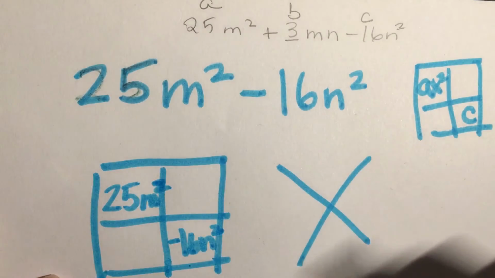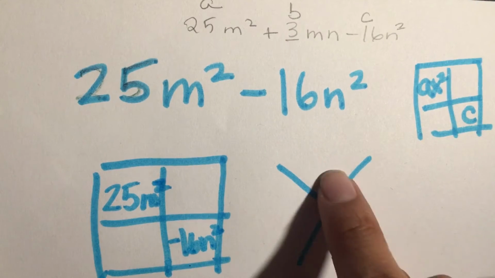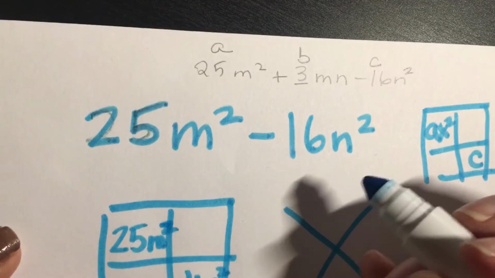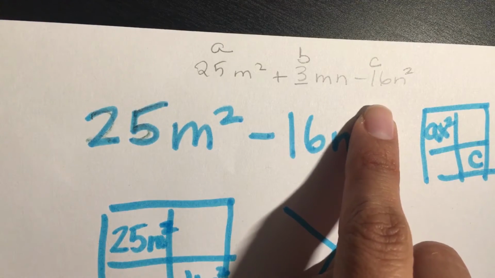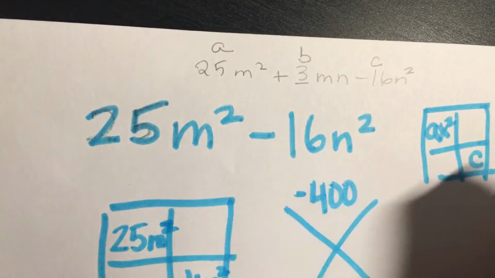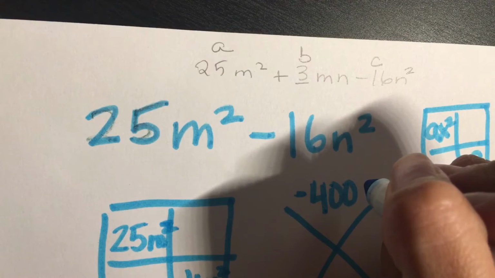Okay, so next, what are we going to put on the top? We're going to multiply the a term and the c term. So 25m squared times negative 16n squared happens to be negative 400m squared n squared.